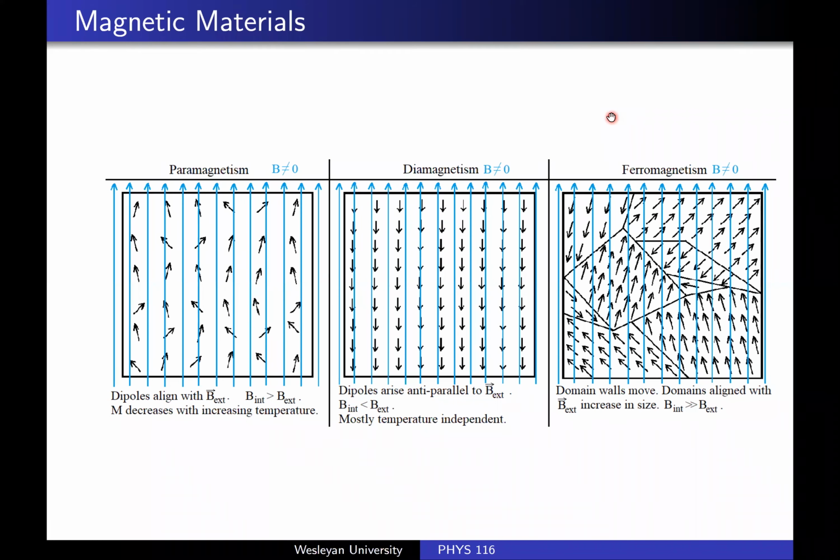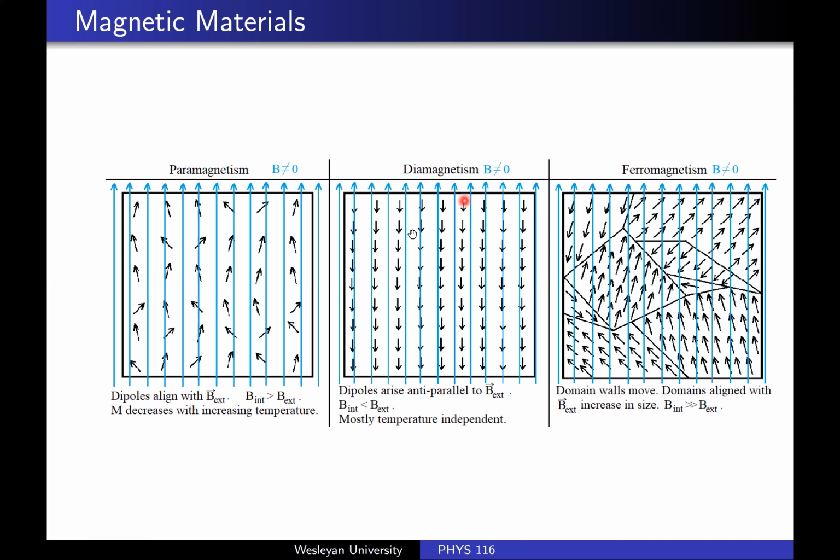What about diamagnetic materials? Remember, when there was no external field, the diamagnetic material had no dipoles at the molecular level. But now when we expose the material to an external field, the molecules start to polarize, but interestingly in the opposite direction.